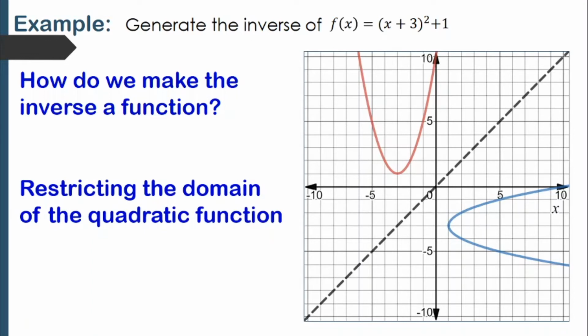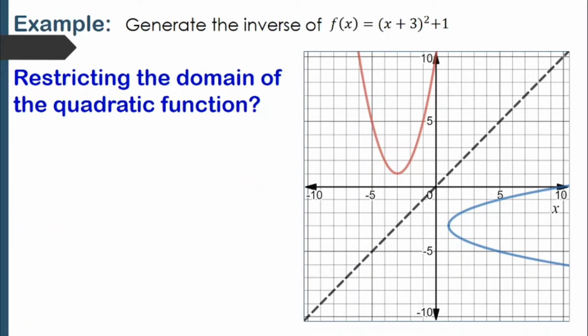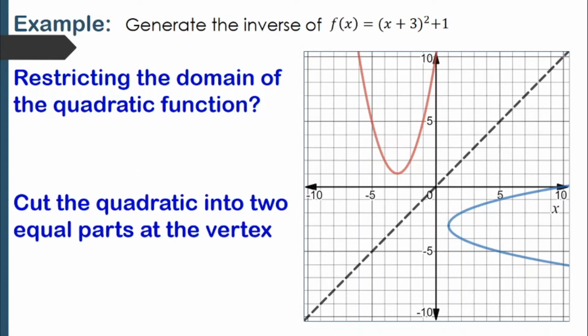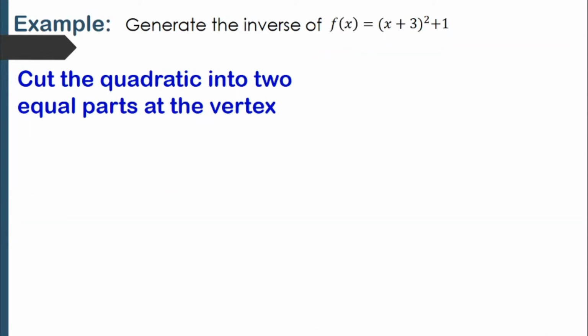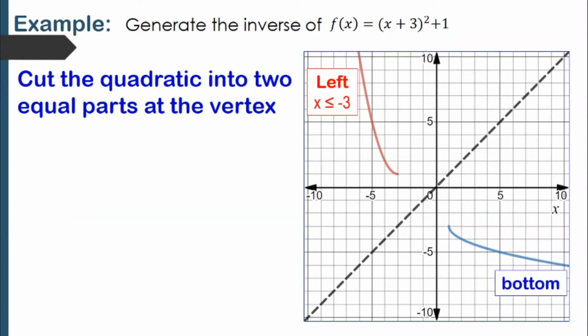When we say restricting the domain, what we mean is we can cut the quadratic into two equal parts at the vertex. When you cut the quadratic into two equal parts, then the inverse is also cut in half. So that makes the inverse become a function. When we cut it, the domain of the left part becomes x less than or equal to -3.